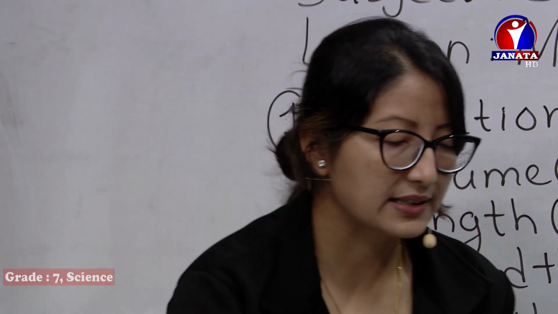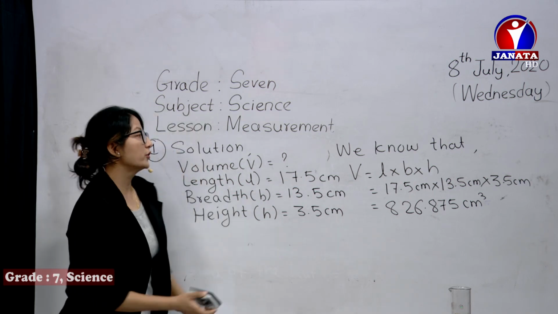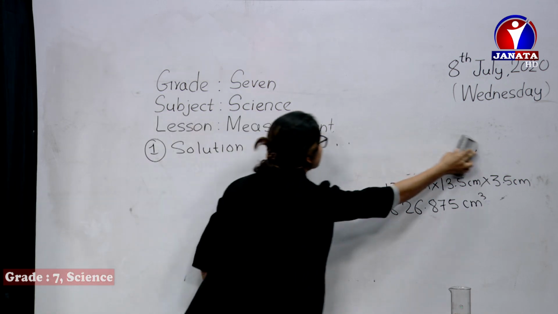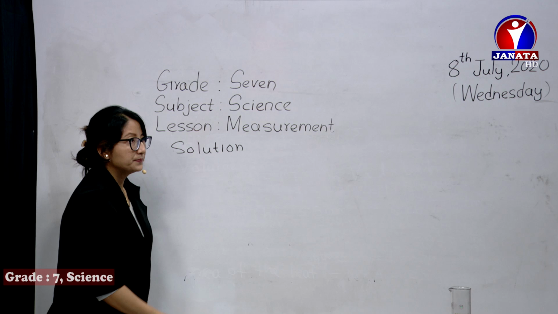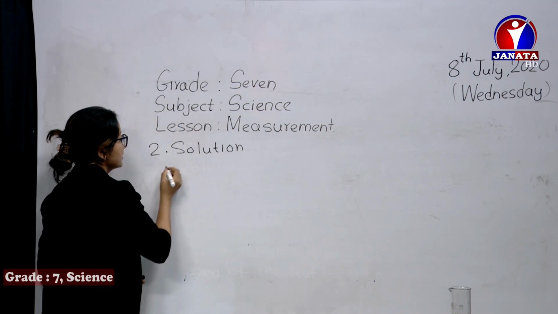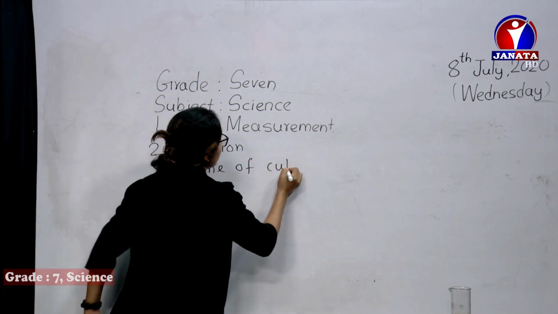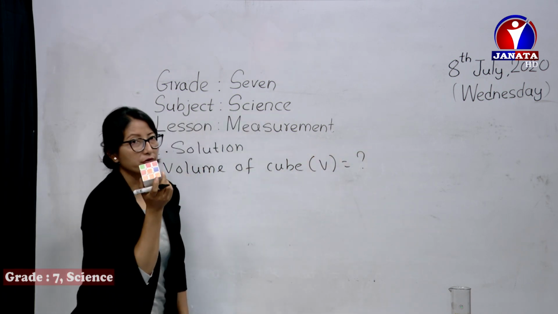Let's calculate its volume as well. We all know the formula to calculate the volume of a cube. It's L cube. Volume of cube, V is equal to what? We are going to calculate the volume of this cube.